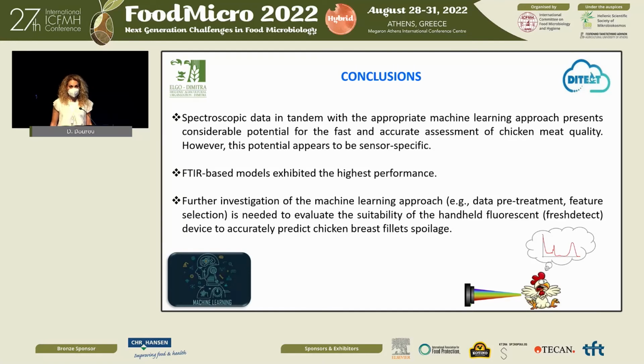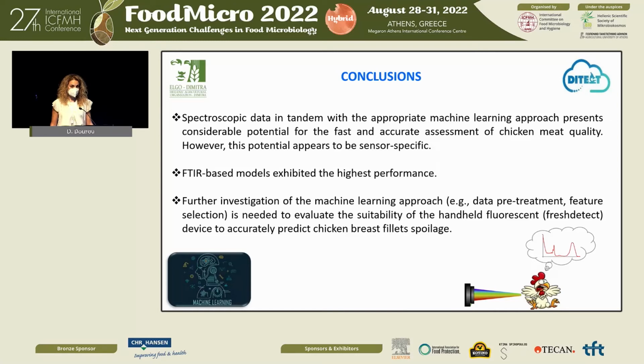To conclude, spectroscopic data in tandem with the appropriate machine learning approach presents a considerable potential for the fast and accurate assessment of chicken meat quality. However, this potential appears to be sensor-specific.